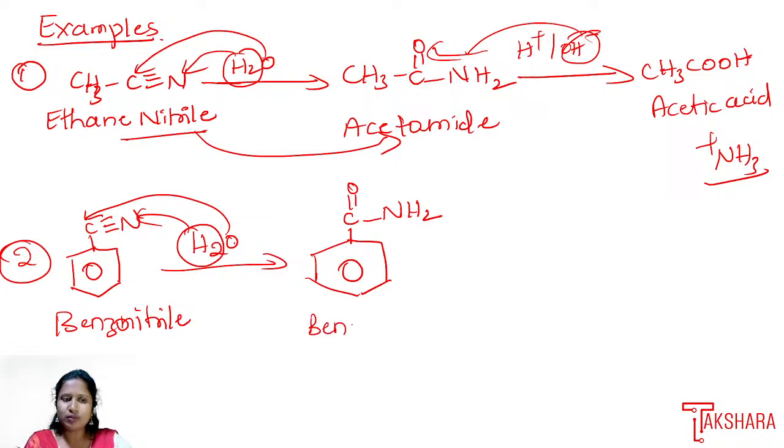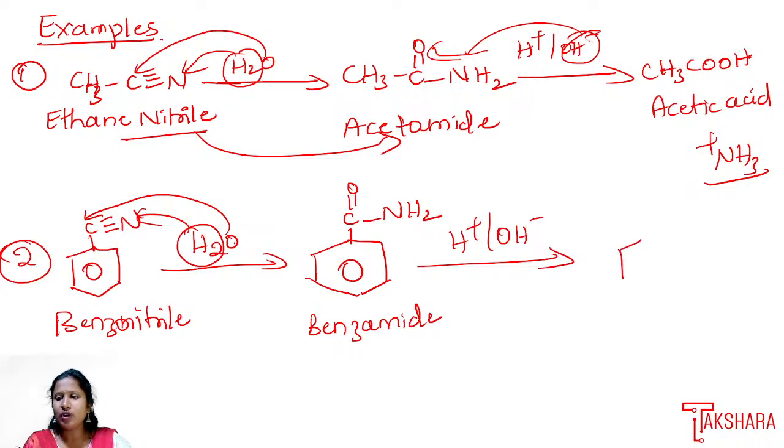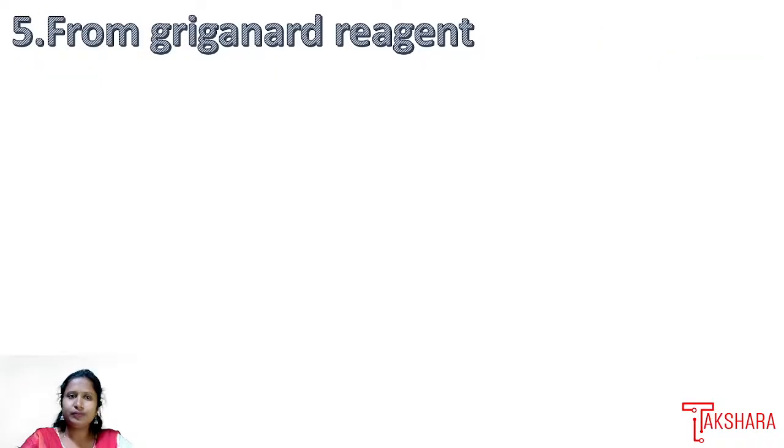This is called benzamide. And again it is treated with a catalyst, H plus or OH minus. Then the product is the benzene ring with C double bond O OH, plus NH3.